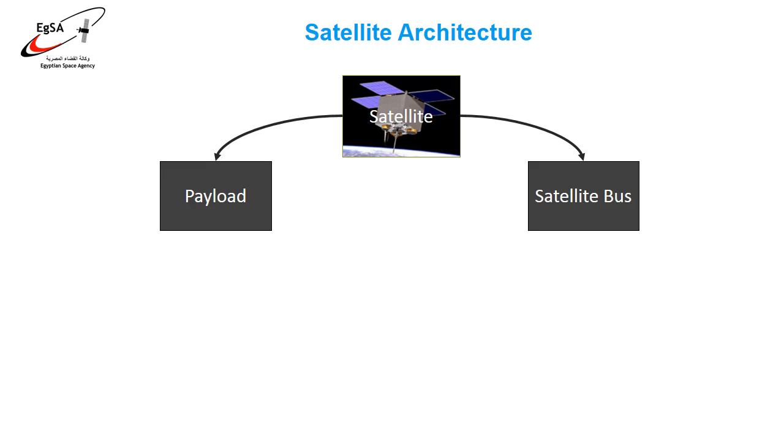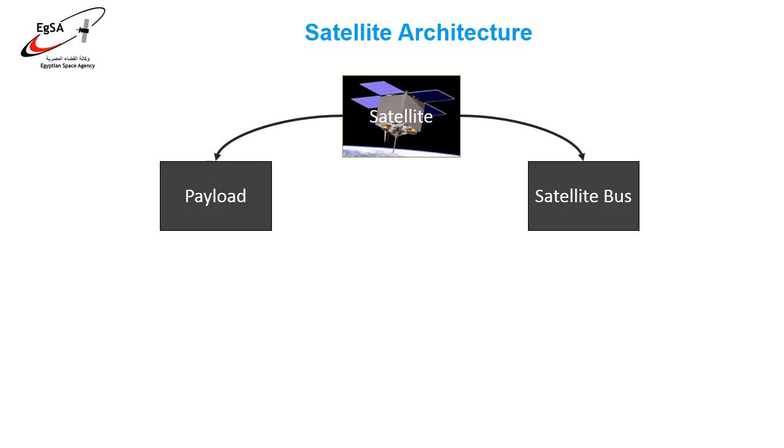Each spacecraft payload may be different from one another. Later, we shall discuss the different types of payloads of different missions. A satellite bus is the structural body and the primary satellite system, which consists of different subsystems.